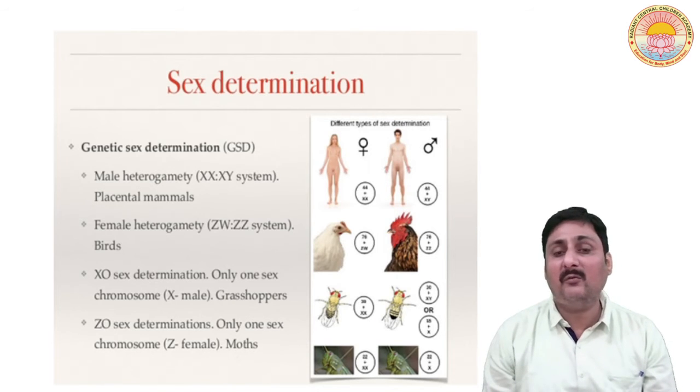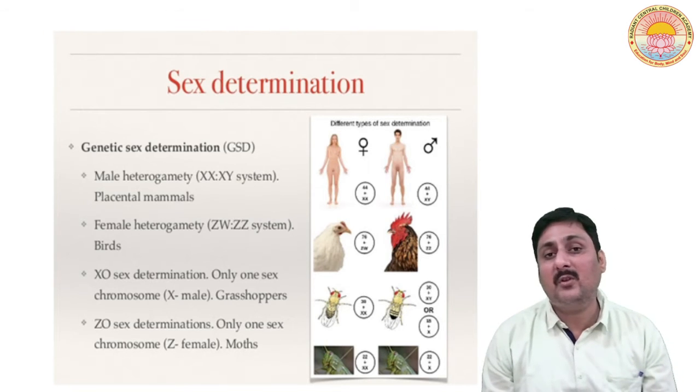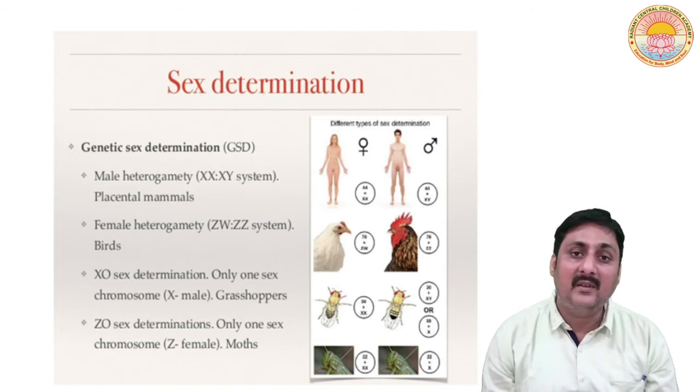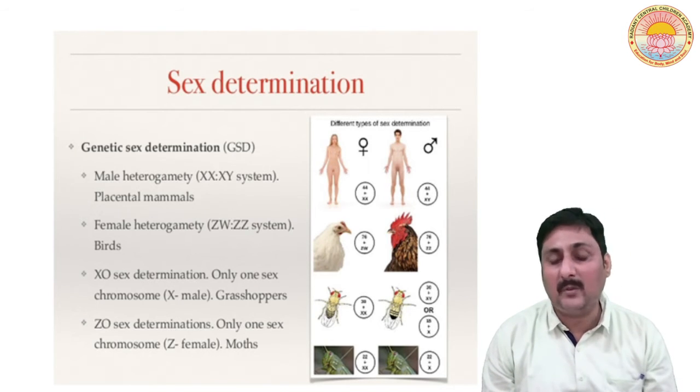So in males, two kinds of sperms are produced, one containing the X chromosome and the other containing the Y chromosome. This is called male heterogamety, since two kinds of sperms are produced by males.